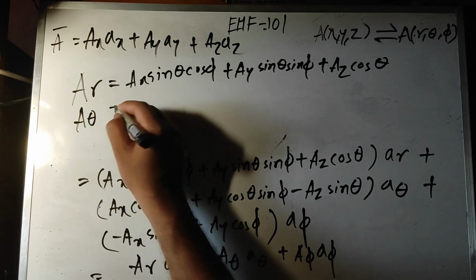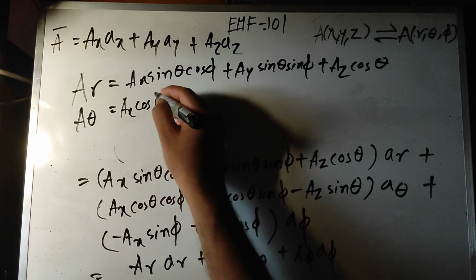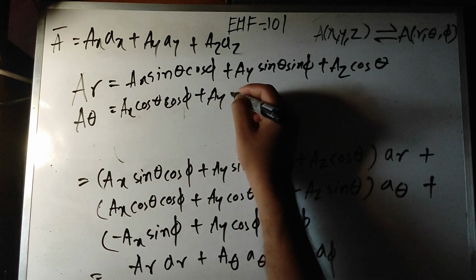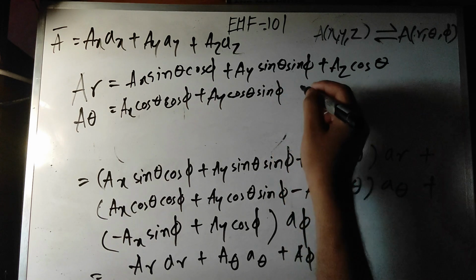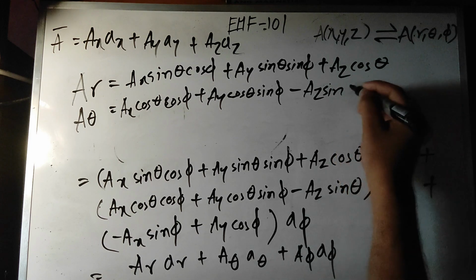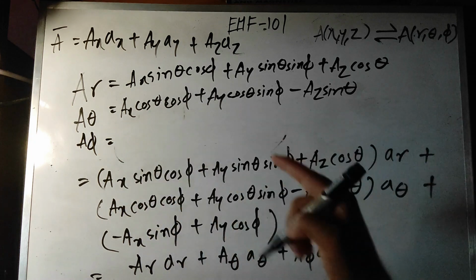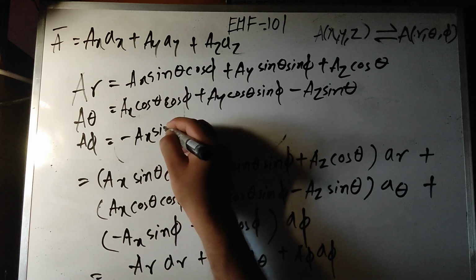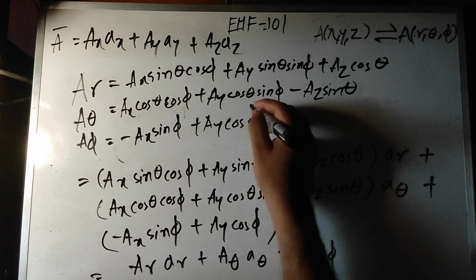Now A theta has Ax cos theta cos phi plus Ay cos theta sin phi minus Az sin theta, and A phi has this: minus Ax sin phi plus Ay cos phi.